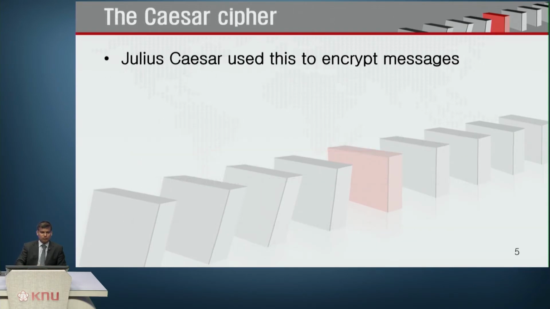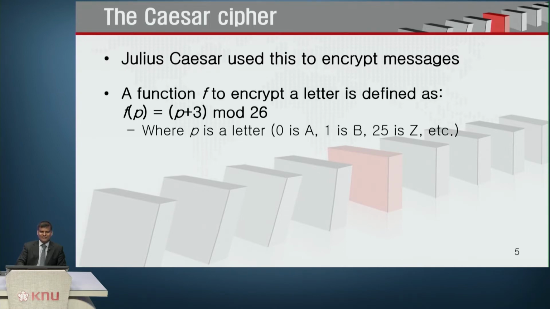Well, let's move on with the Caesar's Cipher. Julius Caesar used this to encrypt messages. A function f to encrypt a letter is defined as f of p equals p plus 3 mod 26, where p is a letter.